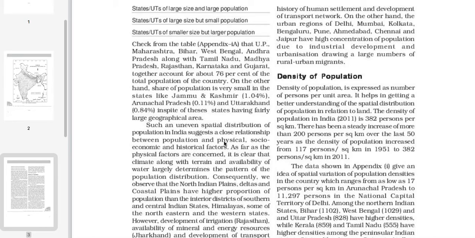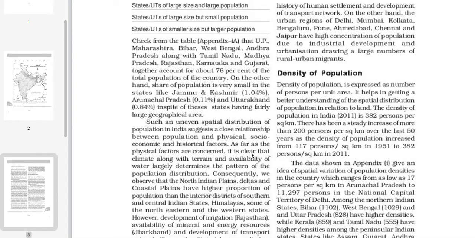Number one is physical factor, number two is socio-economic factor, and number three is historical factor. First one is physical factor. It is clear that climate along with terrain and availability of water largely determines the pattern of population distribution.